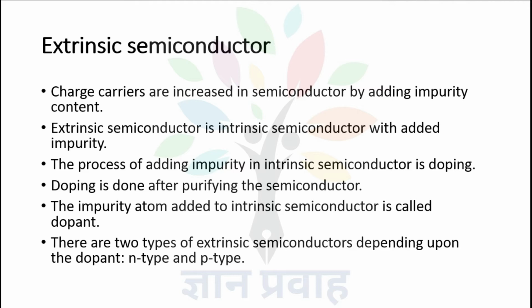And dopants may be of two types. It may be N-type dopants or P-type dopants, or donor type dopants or acceptor type dopants. So on the basis of these dopants, there are two types of extrinsic semiconductor materials, and these are N-type and P-type materials.